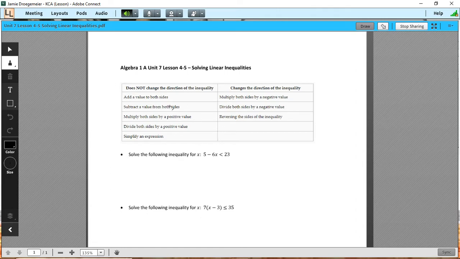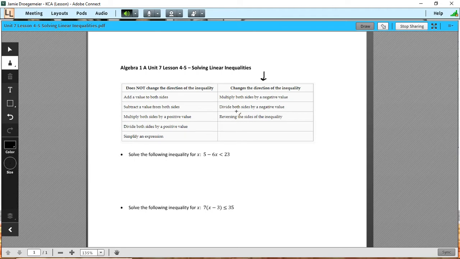This table on the left side here shows things that happen as we're solving that are not going to change the direction of that inequality. On the right side, and these are the ones we want to focus on today, are the things that are going to change the direction of the inequality.